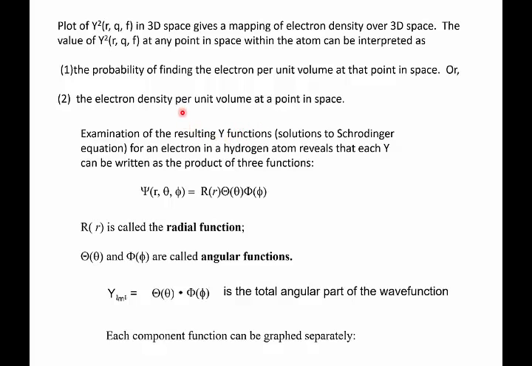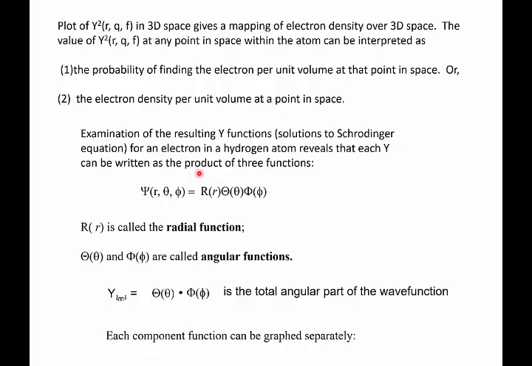An examination of the resulting psi functions, the solutions to the Schrödinger equation for an electron in a hydrogen atom, reveals that each psi can be written as a product of three functions. Now, that alone is not really obvious.